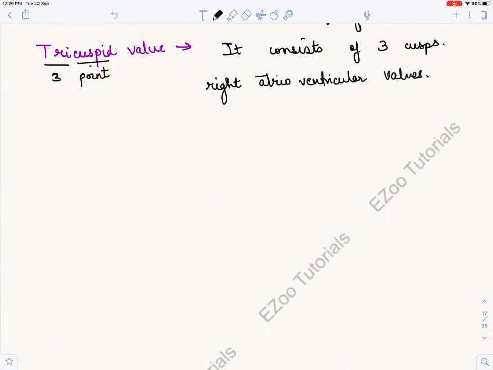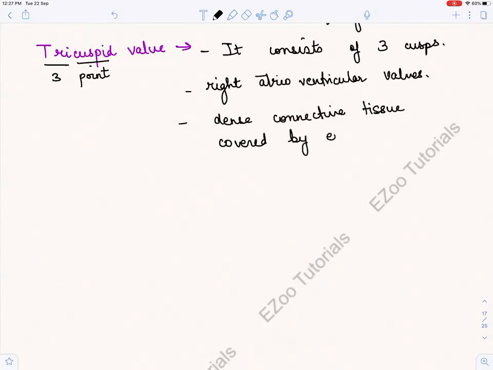And these valves of the heart are made up of what? They are made up of dense connective tissue, and they're covered by which layer of the heart? Tell me, epicardium, myocardium, or endocardium? We just did it. Covered by endocardium, right? Let us see once the structure of the heart. If you have forgotten, just see it again.